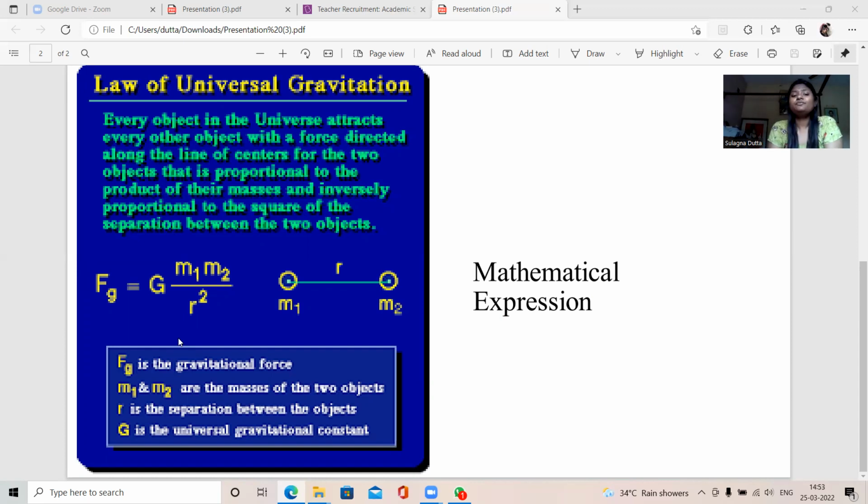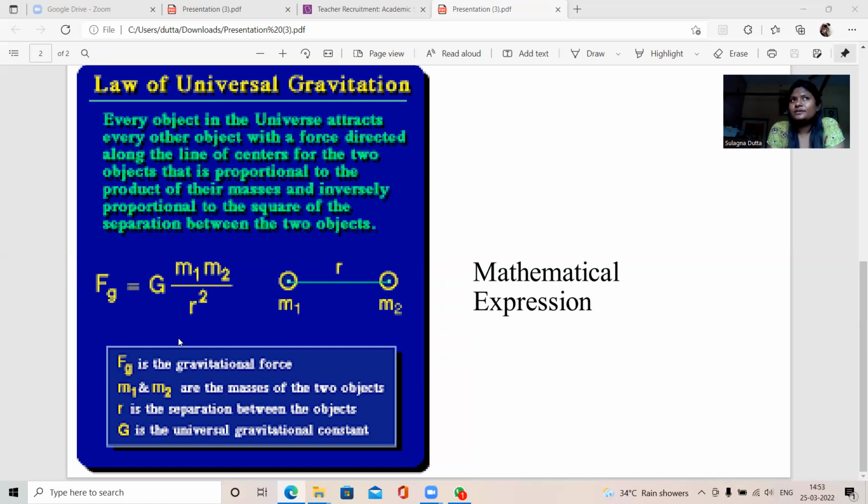Now, if we discuss the chapter more, we also get some other things, that is gravitational acceleration, by which a free fall body is accelerated. And we all know that free fall means no other force acts except the gravitational force.